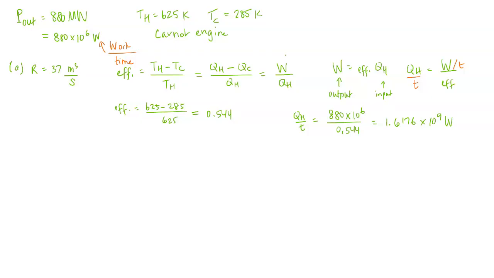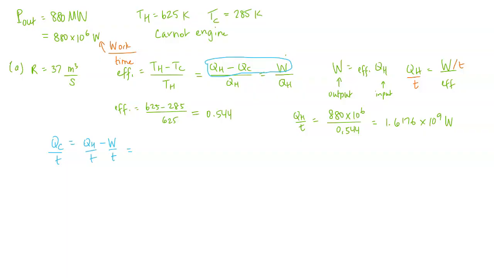Well, great. In order to figure out how the water is warmed, we're going to need to know how much heat is exhausted, in case I didn't make that clear before. So our next step: Q cold, what's exhausted, is equal to the difference between the heat input and the work done. That's from this idea right here. And if we express all of these as rates, we can do that.